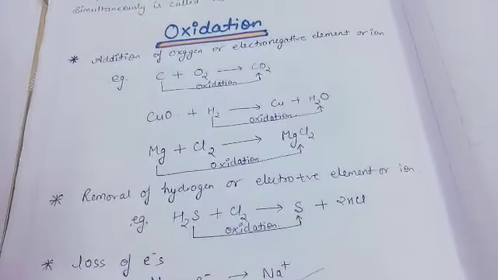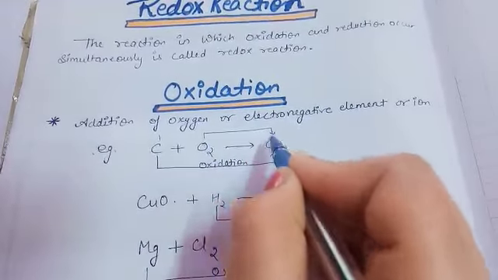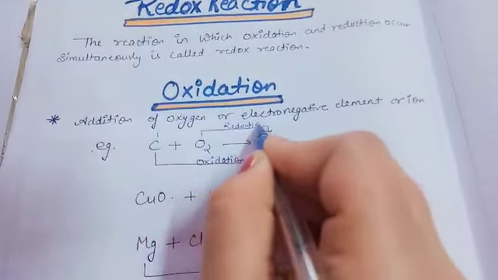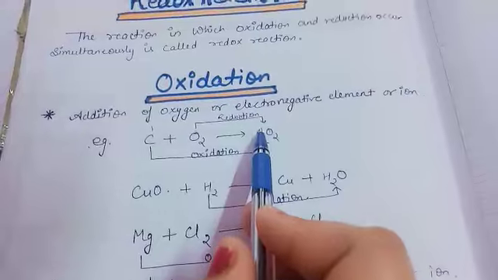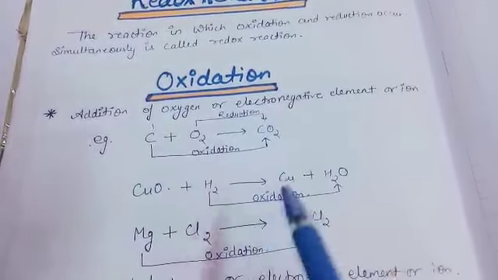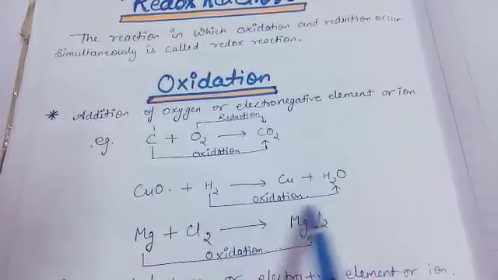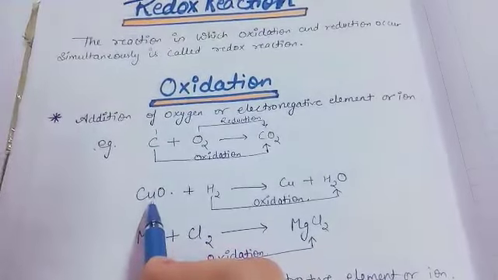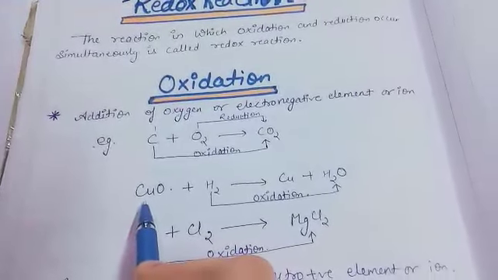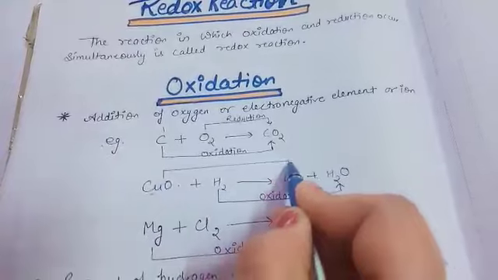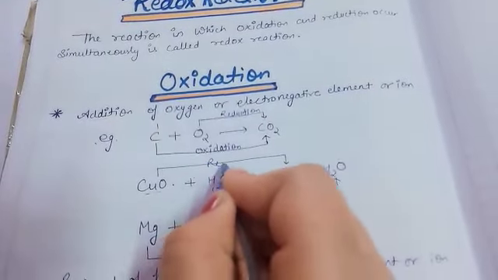Now just see in this one, that is oxidation, and this one is reduction, because the definition is opposite. Here it's addition of an electropositive atom, that one is reduction. The second one is CuO plus H2 gives Cu plus H2O. This one is oxidation, and the other is reduction, meaning removal of oxygen. CuO becomes Cu, a removal of oxygen, so that is known as reduction.